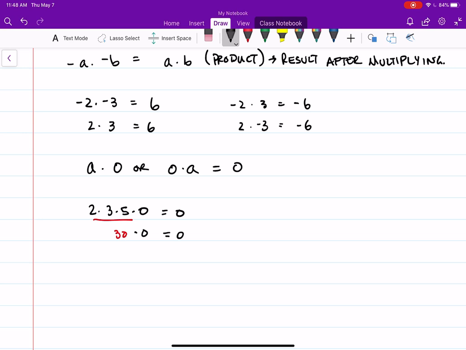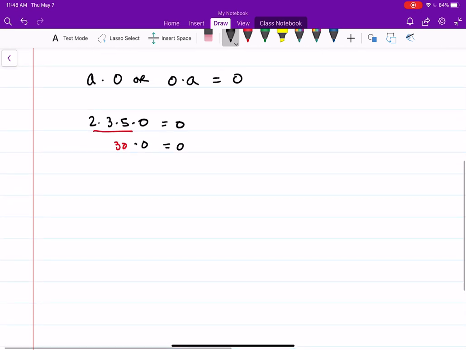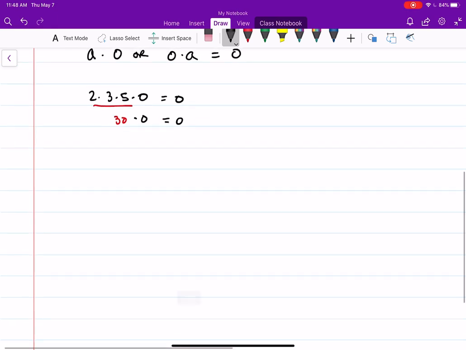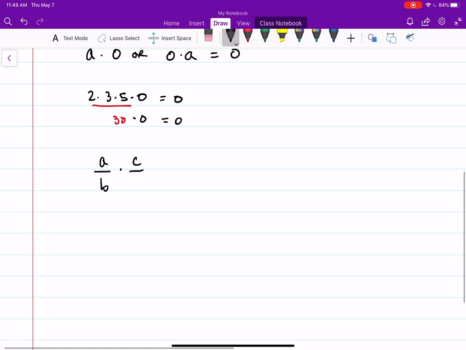In terms of just regular integers, it's easy to multiply. The biggest concern you guys are going to have is, what if it is a fraction? Because you guys love fractions so much. That was sarcasm. Since you guys love fractions so much, this is what you actually do with fractions. Let's take a fraction like a divided by b times c divided by d.